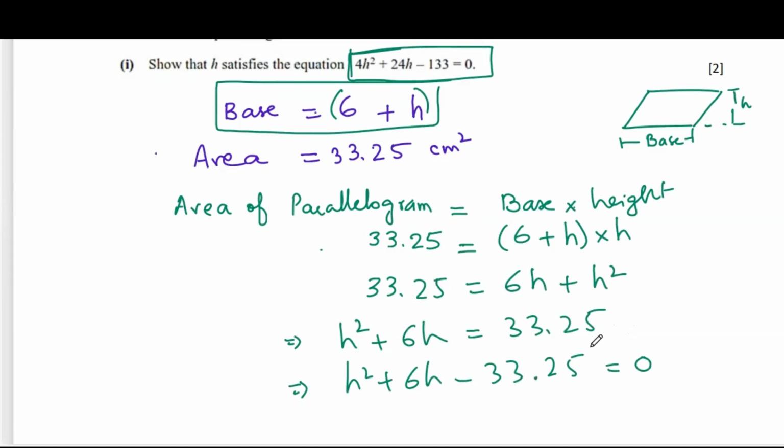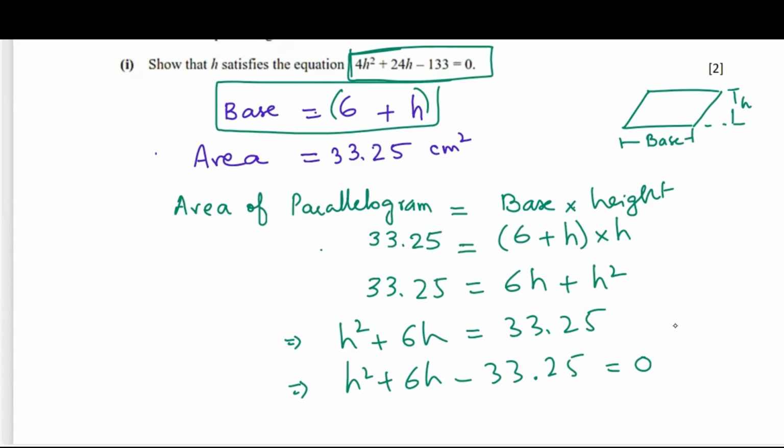But we are still trying to get the quadratic equation. So there is a 133, but this is 33.25.